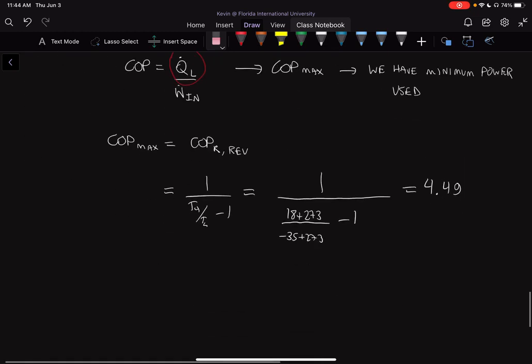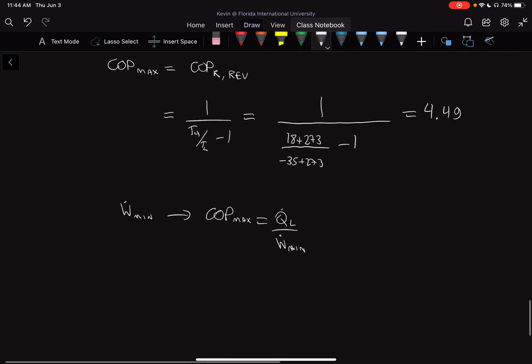So now let's find the power minimum. So the power minimum happens when we have our maximum COP. So we know that our power minimum is going to happen when COP max is essentially equal to Q dot L over work dot minimum. Okay, and so we're just going to rearrange the equation to find work dot min.